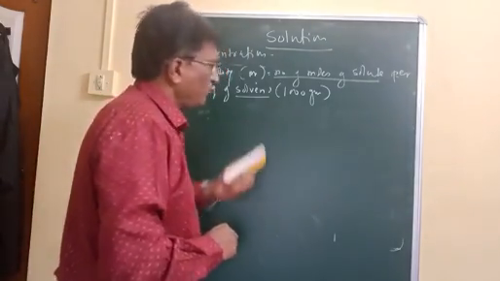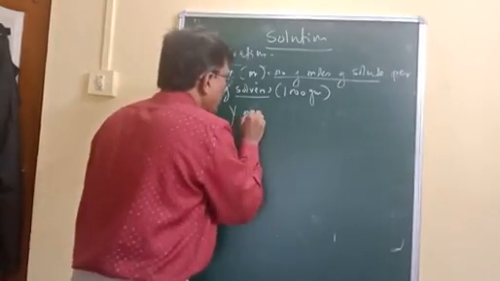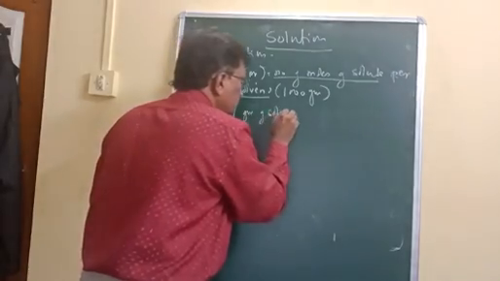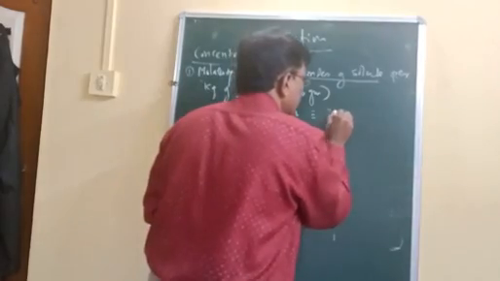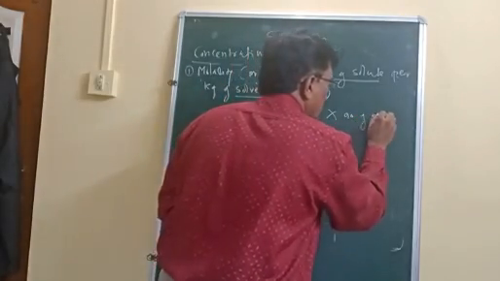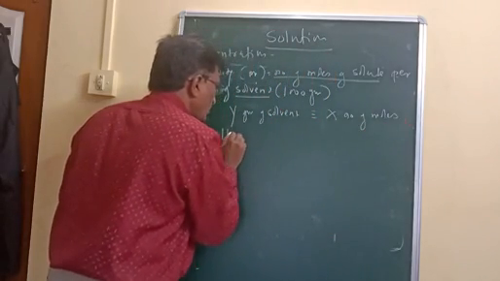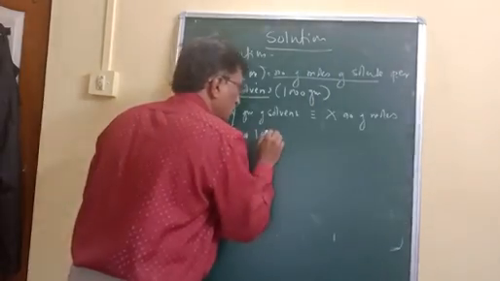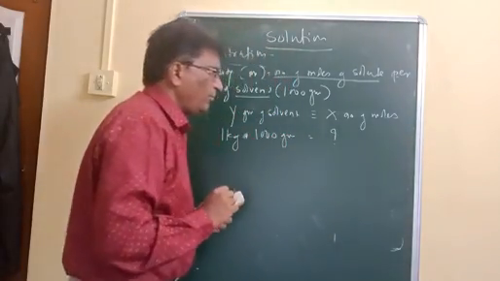If you want to calculate equation for that, let us consider y gram of solvent. Y gram of solvent contains x number of moles. According to definition, 1 kilogram or 1000 gram of solvent contains how many number of moles?